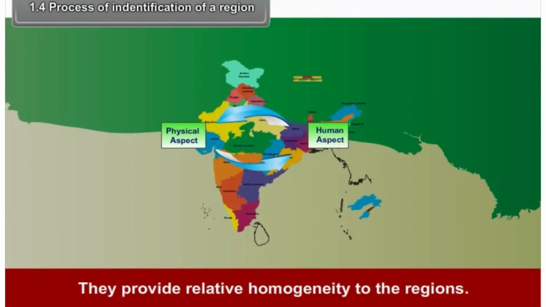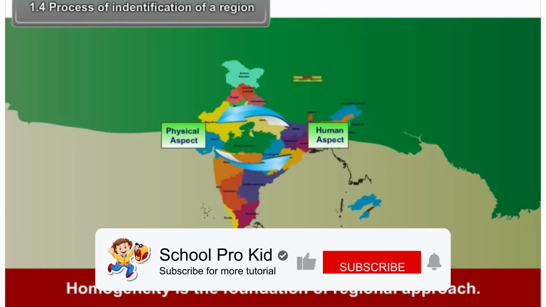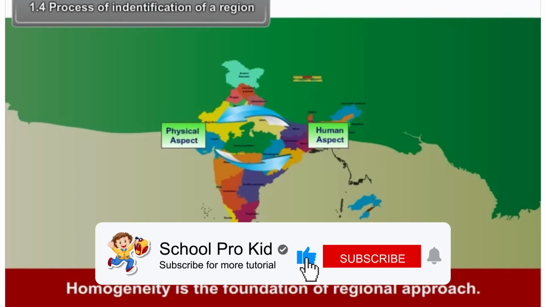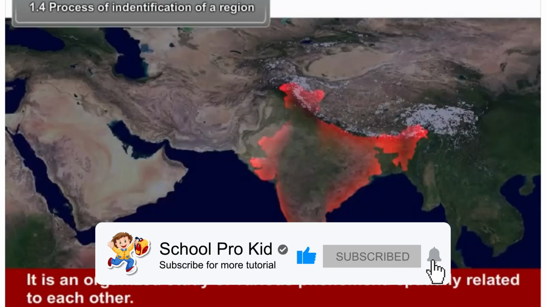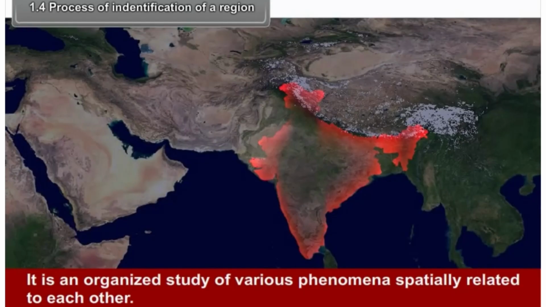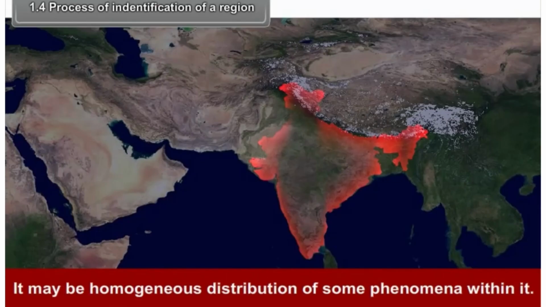They provide relative homogeneity to the regions. Homogeneity is the foundation of the regional approach. It is an organized study of various phenomena spatially related to each other. There may be homogeneous distribution of some phenomena within it.